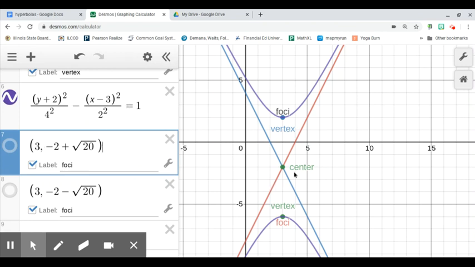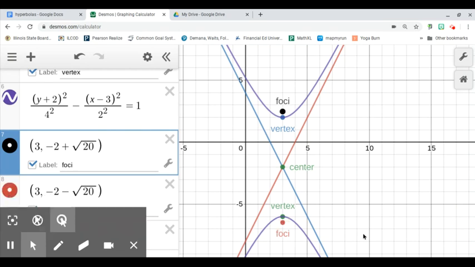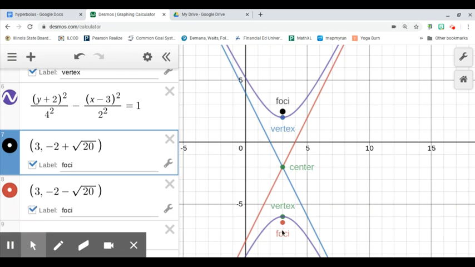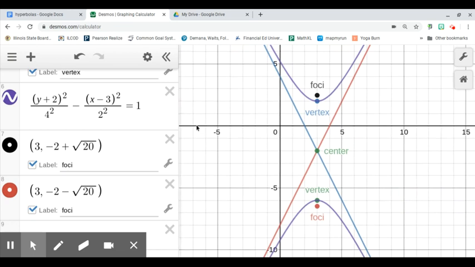So over 3 down 2 plus the square root of 20 puts me right there. And then over 3 down 2 minus the square root of 20 puts me right there as that other red focus. So that's how we would graph and write an equation in standard form, which we did over here in number 6, line 6, for a hyperbola.